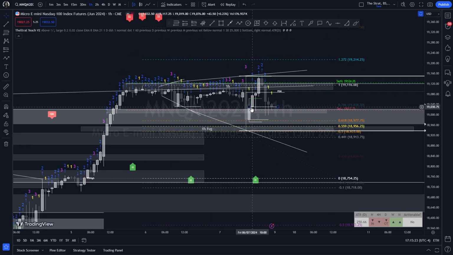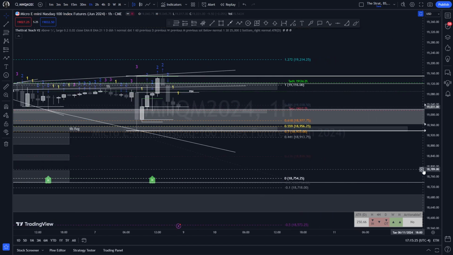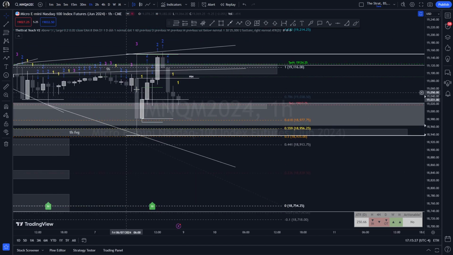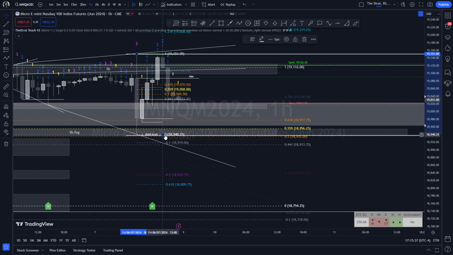So if you're pulling the Fibonacci from here to here, this would have been how I would have done it. If I'm going long, you start from the top, go to the bottom, and then bam. You can see where it starts to break up.